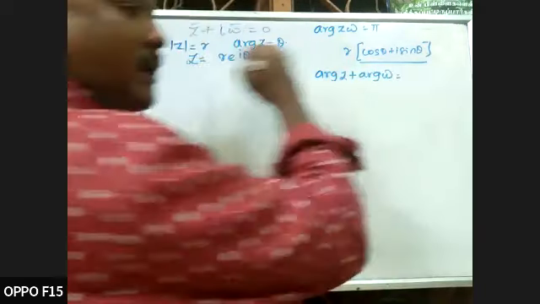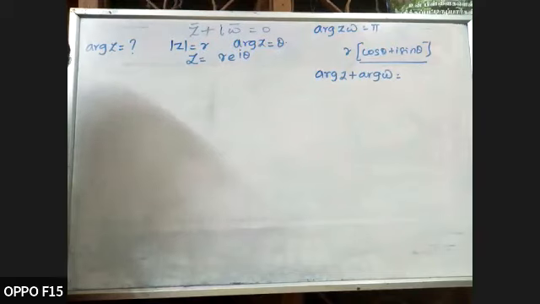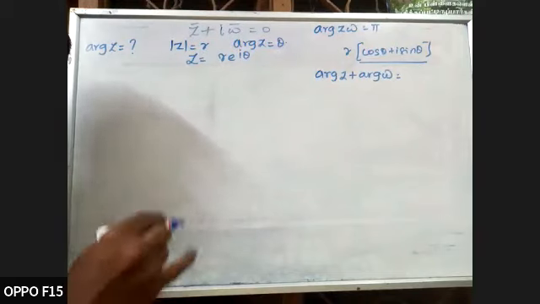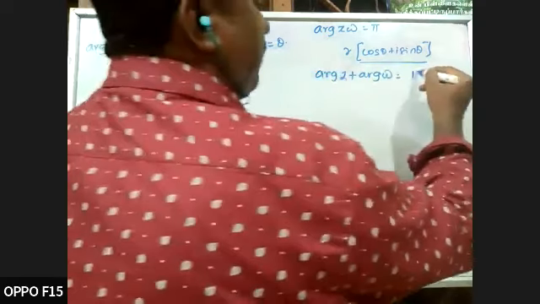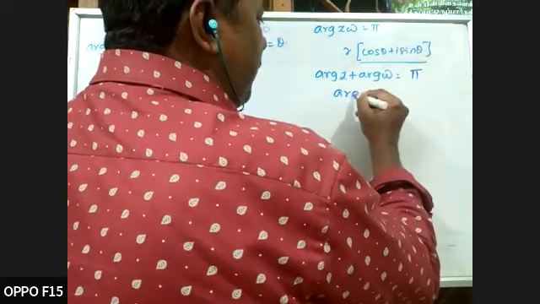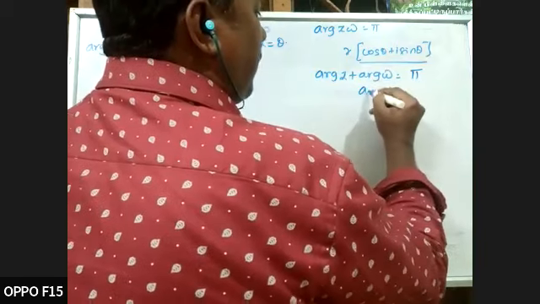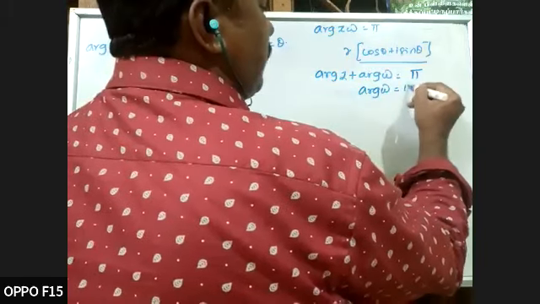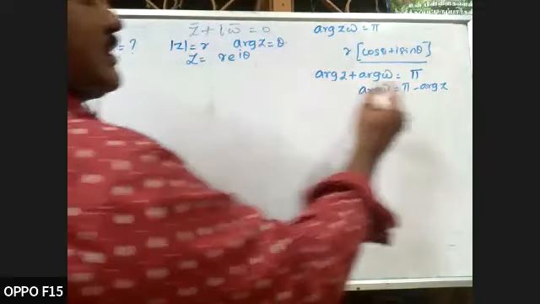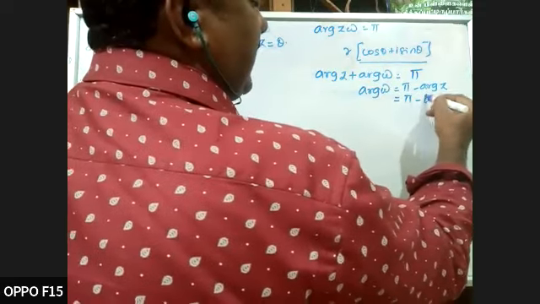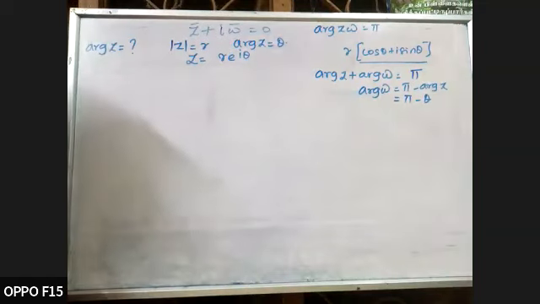This is the property of arguments of complex numbers. If I have argument of Z1 Z2, you have to add them. So adding, we get pi, which means argument of omega equals pi minus argument of Z. Argument of Z is theta, therefore argument of omega is pi minus theta.